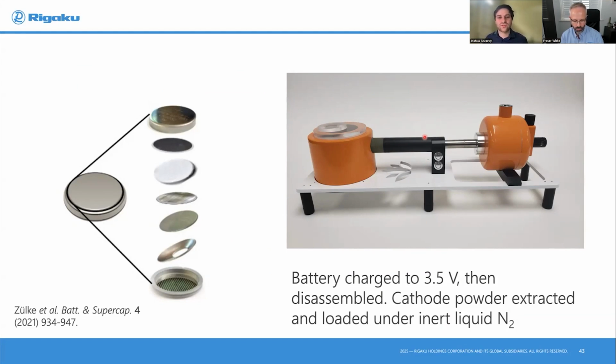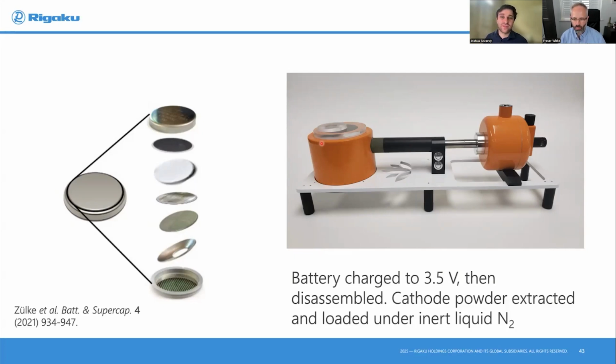So in the glove box, we would prepare the TEM grids after this process of recollecting our partially cycled battery electrode into powder form, put it onto a TEM grid, and then seal it into a vial and take it to the instrument. At the instrument, you'd open the vial, which is under inert atmosphere, and immediately dump it into the liquid nitrogen. So now it's under liquid nitrogen.